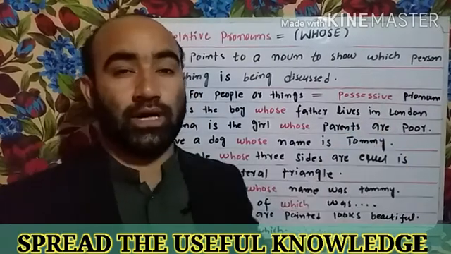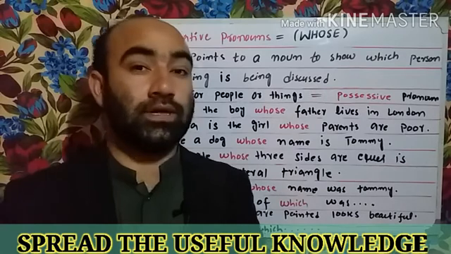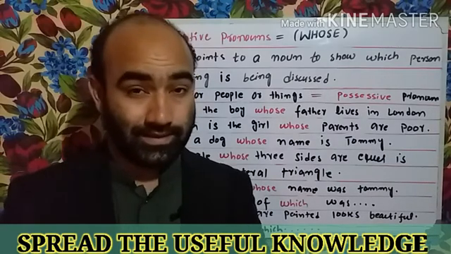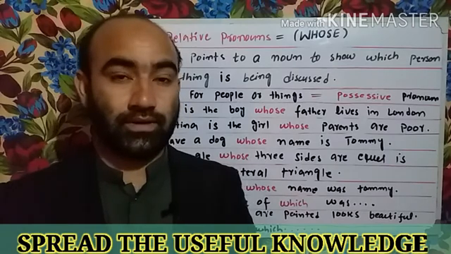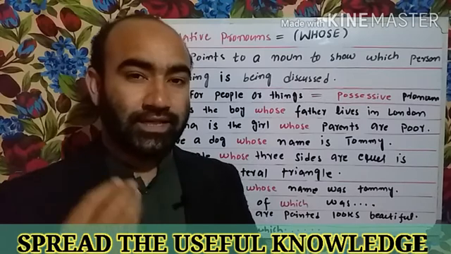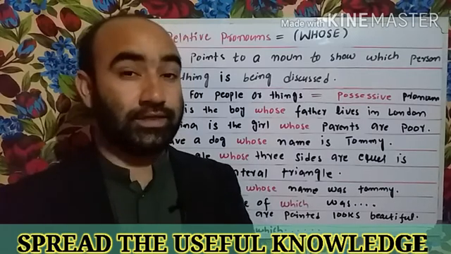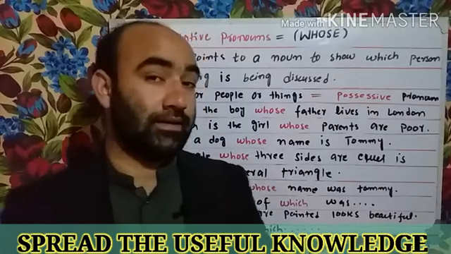It is a possessive pronoun. It shows the possession of someone or something in a sentence. It creates a relationship with another person. It shows the ownership. It shows the property of someone or something.